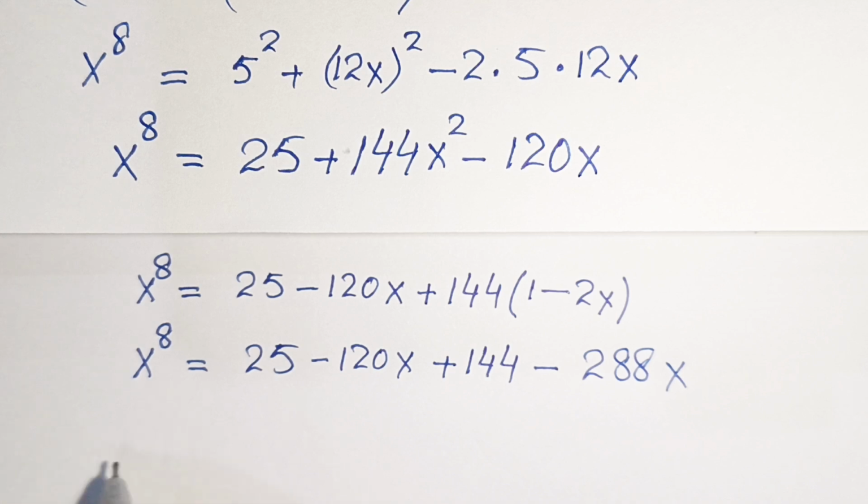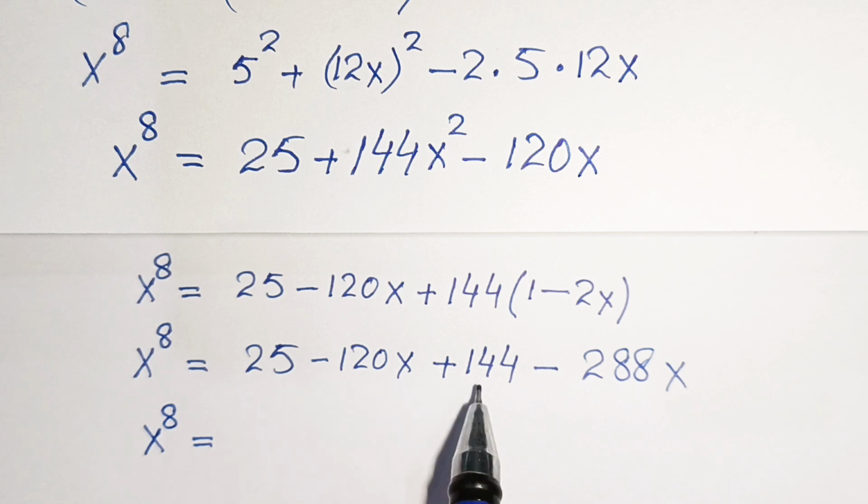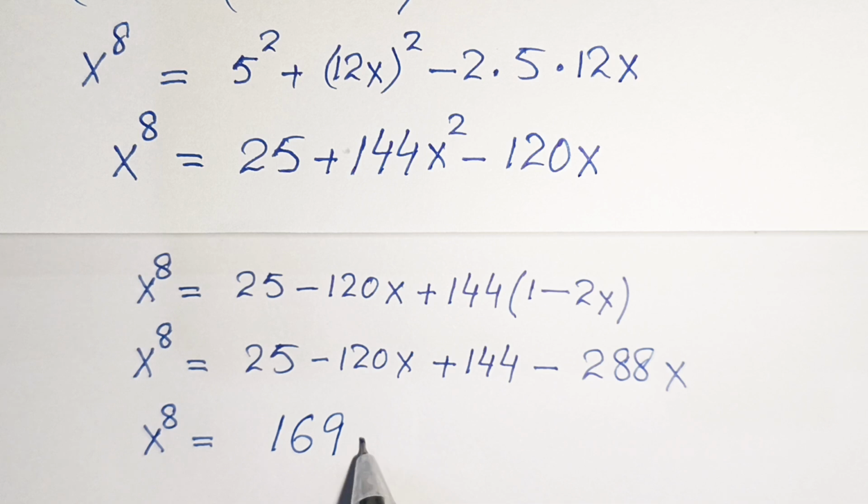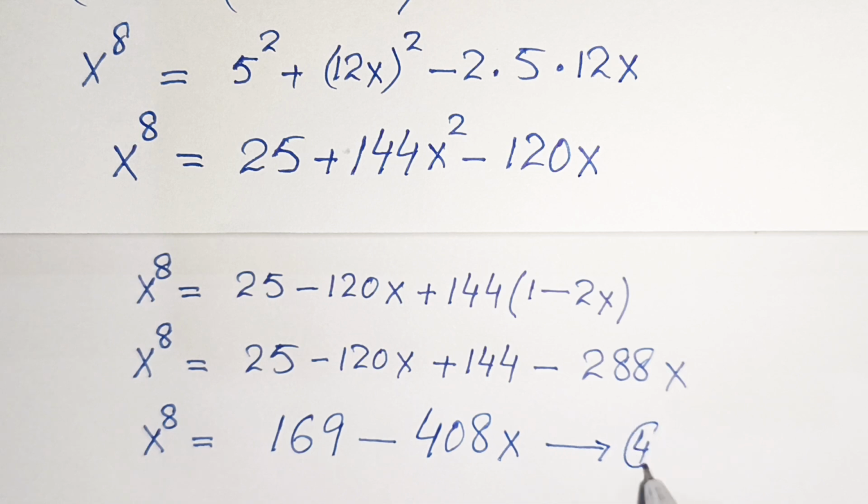So x to the power 8 is equal to 25 plus 144, we get 169, and minus 120x minus 288x will be 408x. So let's say it is our equation number 4.